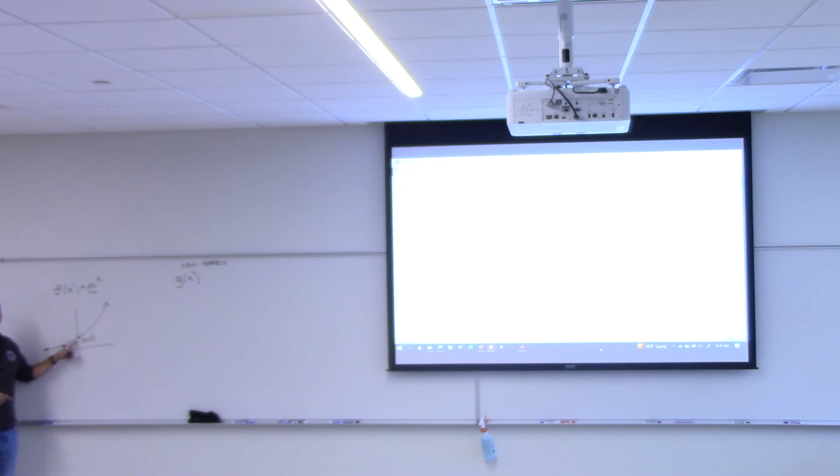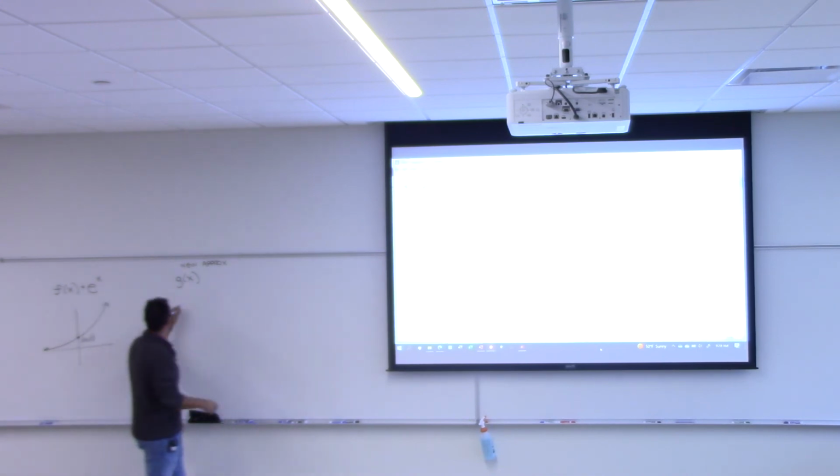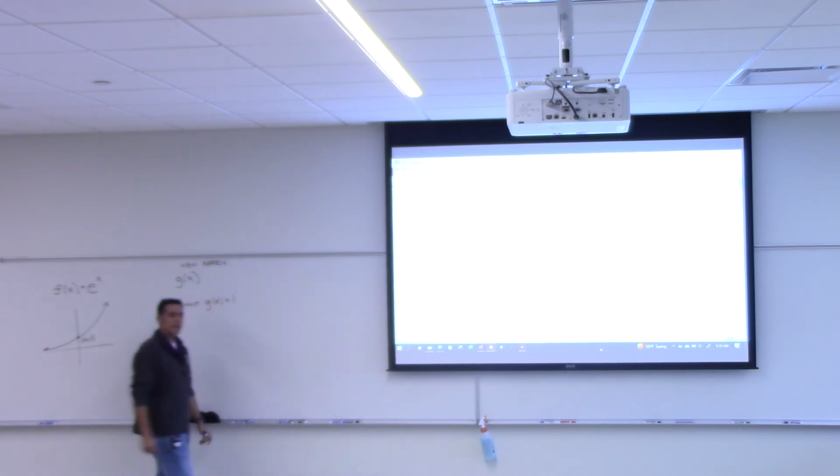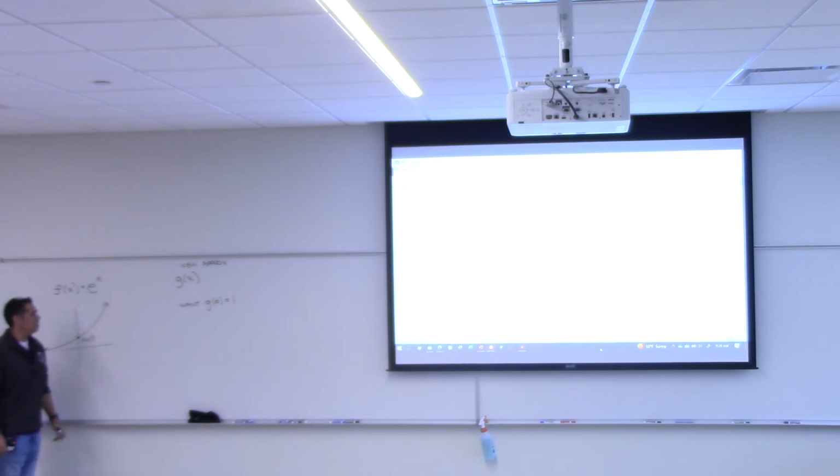So for this function that I'm trying to come up with, I want g of 0 to also be 1. And then at least they would match at one point, wouldn't they? Okay. What else could I want to happen? Match at more than one point. That's one approach.